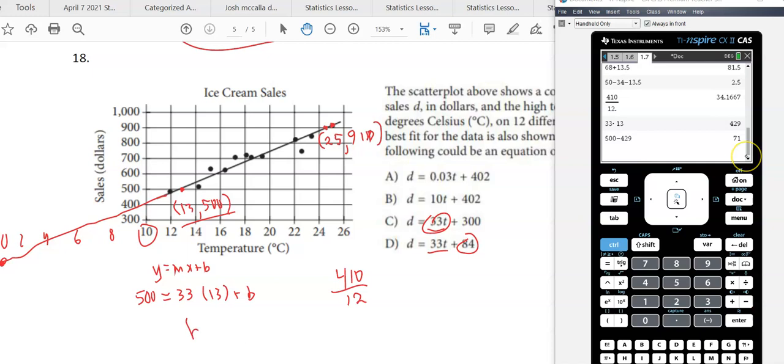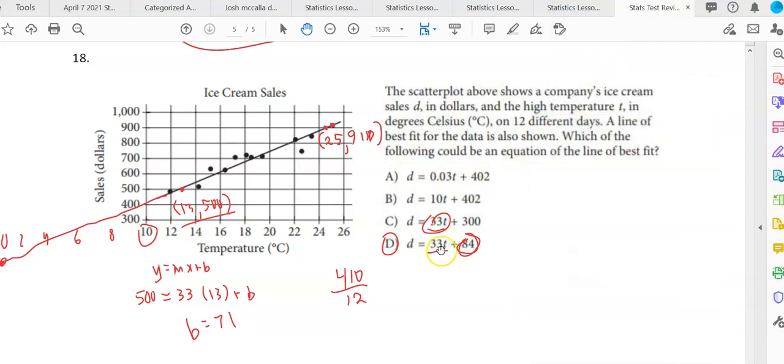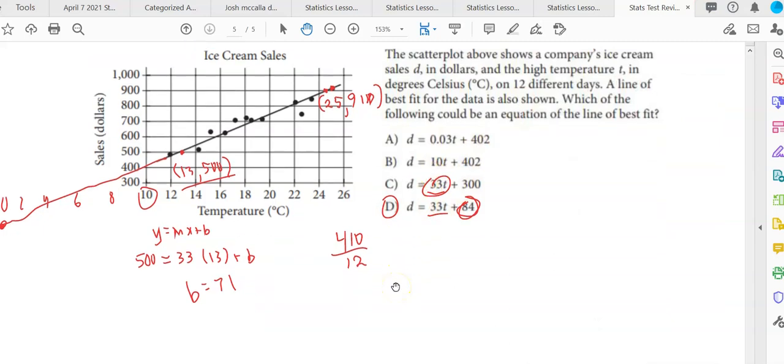About 71, which is closest to 84, so it's got to be this one. But that was really a challenging problem, because it helped to get the slope, but then the y-intercept was deceptive. It wasn't really there at 10. It's when temperature is 0. Okay, that's your review.